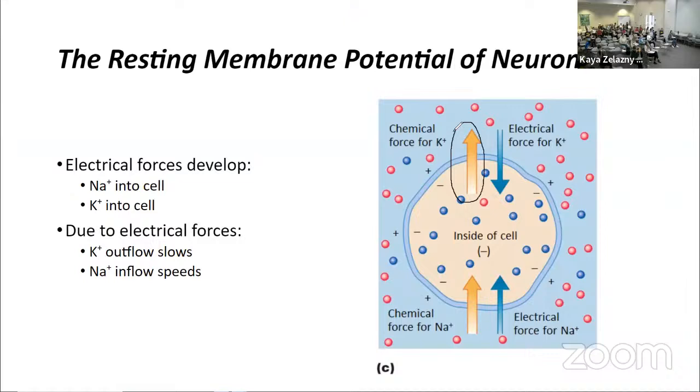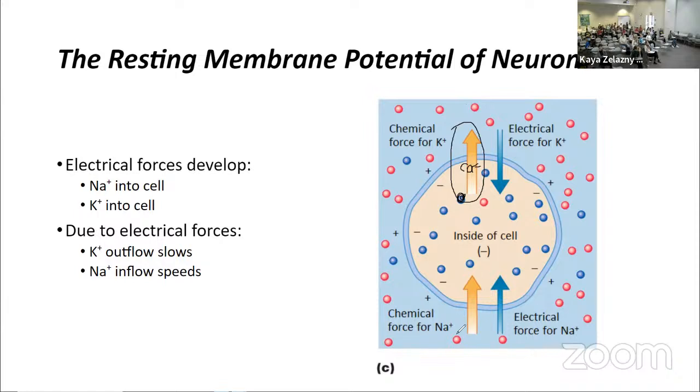So that's our CDF for potassium, okay? That chemical force for potassium is out of the cell, and the potassiums are the blue-purple ones. That's our chemical driving force. So that's running down our potassium gradient, which is high inside the cell. The sodium potassium pump pulls potassium into the cell, low outside of the cell, because that's where we got that potassium from in the first place.